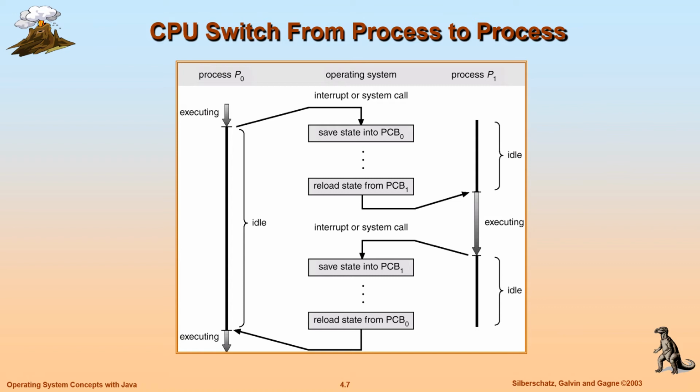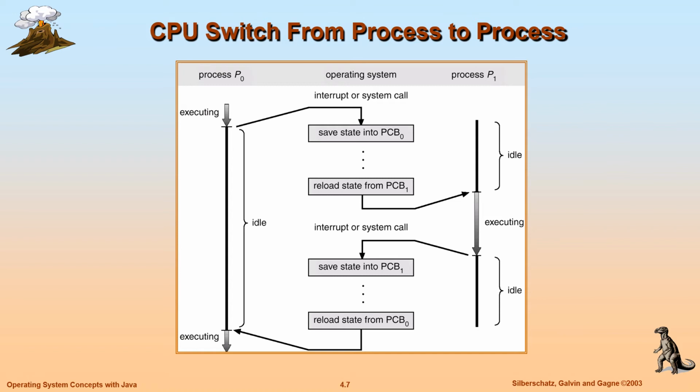The job of the process control block is to store all the information of a particular process. Since there are two processes here, we need to maintain two process control blocks. So we see here PCB0 and PCB1.